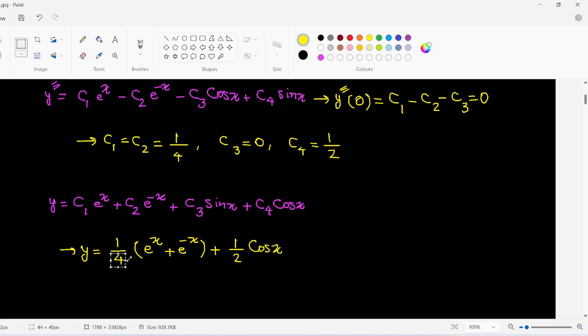And here I can change this 4 to 2 and divide stuff inside brackets by 2. And now inside the brackets we have cos of x. We can factor out the half from these 2 terms, and we get half multiplied by the quantity cosh of x plus cosine of x. And that's a good place to stop.